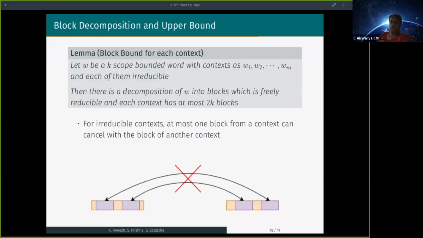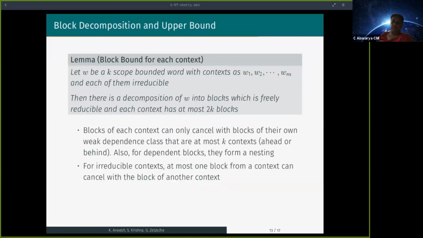Second, for irreducible contexts, at most one block from a context can cancel with a block of another context. This is because more than one block would either require the blocks to be side by side, which contradicts the maximality of blocks, or it would have to commute with a dependent symbol, which is not possible. This gives us a bound on how much information we have to store.